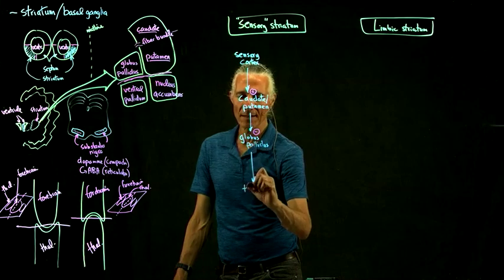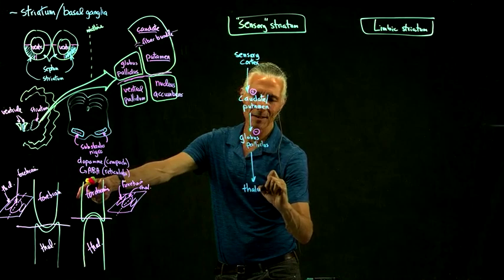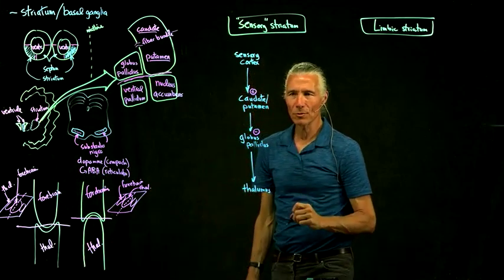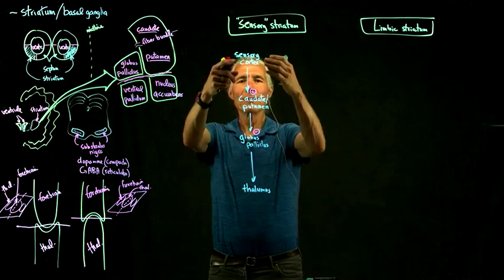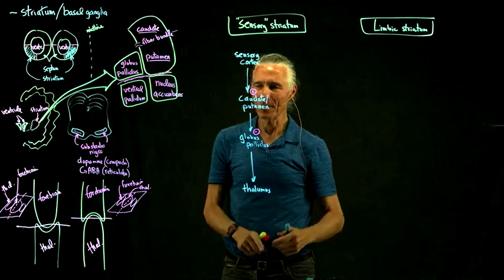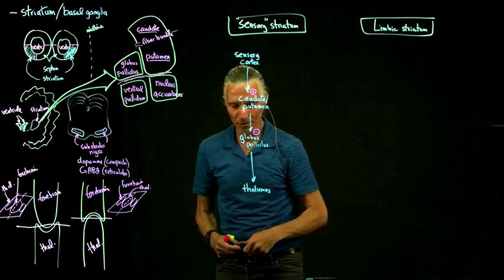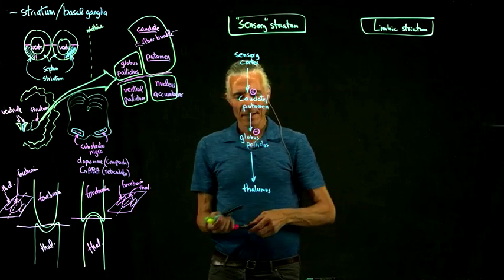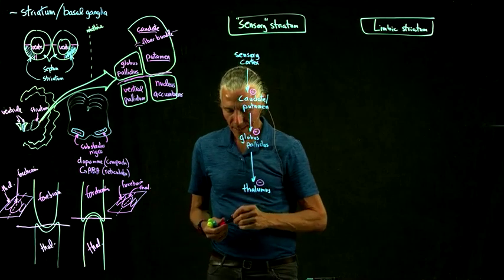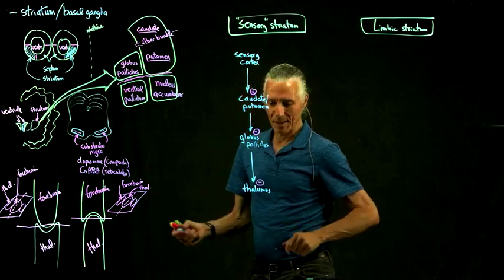Now, if you look at it in a section, it looks like it's going up, because of this business over here. But in terms of the neural tube, the sensory cortex, caudate and putamen, and globus pallidus are part of the forebrain, and the thalamus is part of the thalamus. So it's a downward projection relative to the neural tube. And that is also a minus. So there's two minuses in a row, and we'll talk about what the relevance of that is.